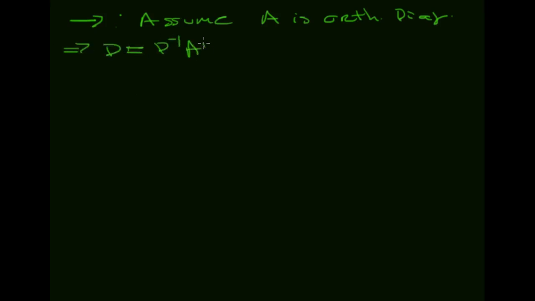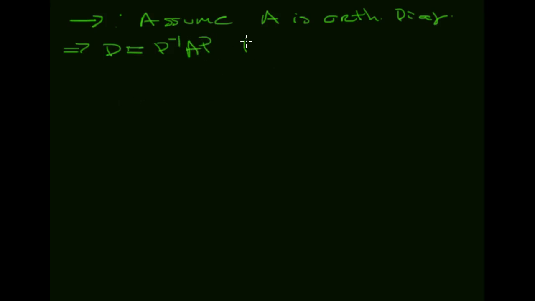So we're going to assume A is orthogonally diagonalizable. Okay, so this implies that there is some diagonal matrix D equal to P inverse A P, right?